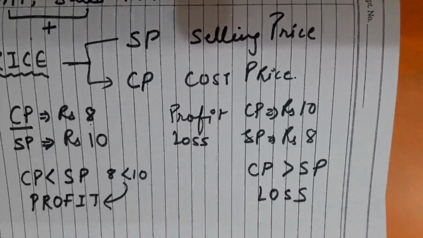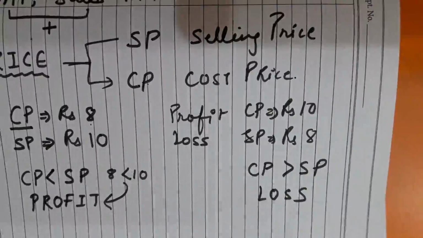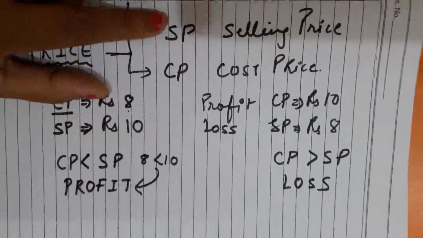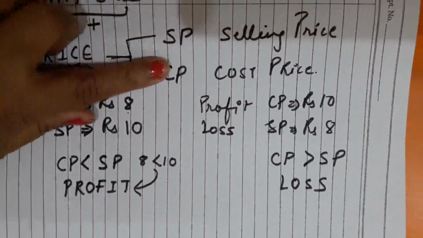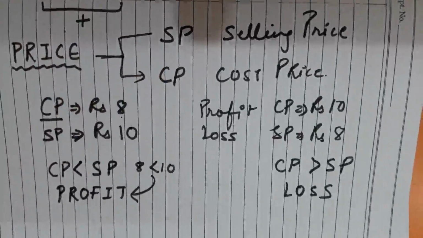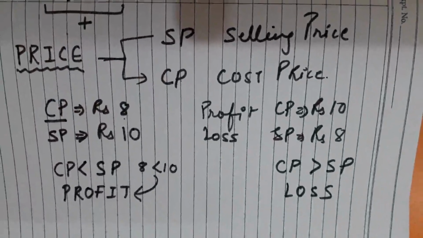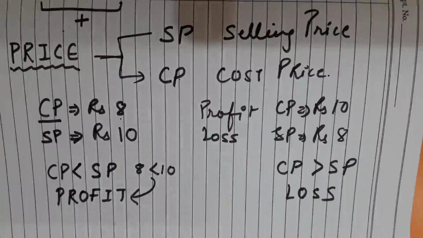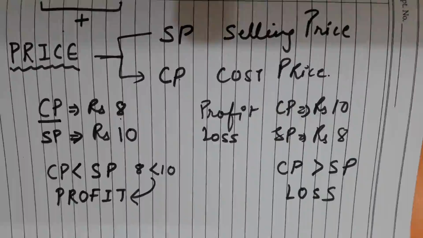Okay, so you have to understand that in the price concept you have one term SP and one term CP. CP is cost price, SP is selling price. Cost price means at what price I have bought, and SP means at what price I am selling that particular product. Okay, now in this topic this much is there.